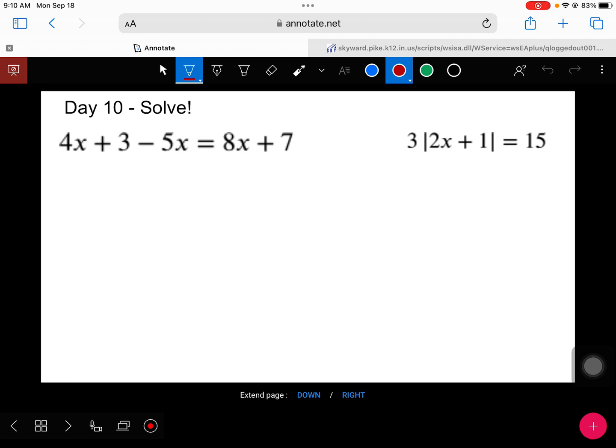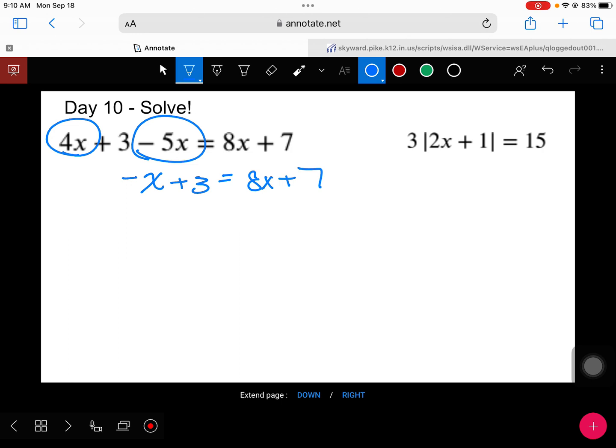Say it again. Yes, combine the like terms. You have an x term here and an x term here. So 4x minus the 5x gives us negative x plus 3 equals 8x plus 7. So if you can combine those terms right away, you're golden.